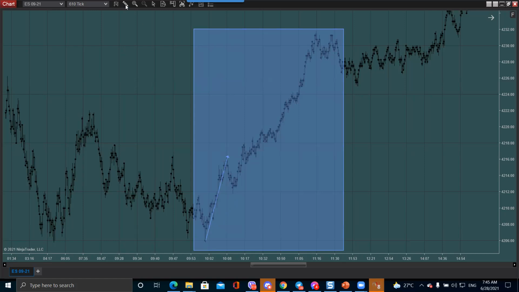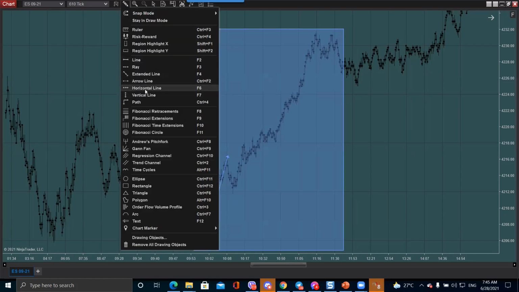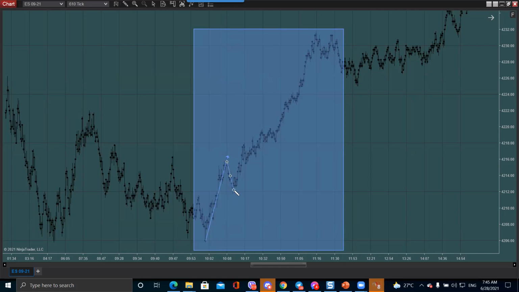And then you have another line. You have a retrace, right? And then you have a run again, a small retrace here. Right there, just a really small, weak retrace, right?